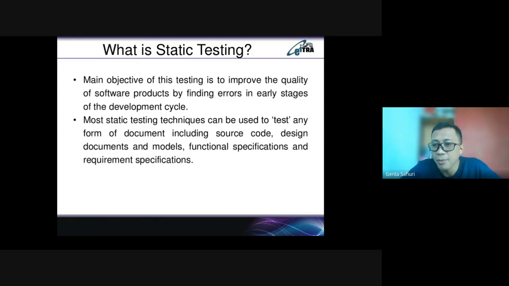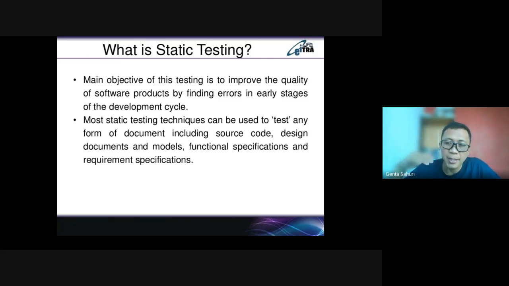Early stages, before the programmer starts coding, before the DBA starts to design the database, we can find errors, something missing, something not proper, etc. Most static testing techniques can be used to test any form of document, including source code, design documents and models, functional specifications, and the requirement specifications that I mentioned before. It will involve many documents.